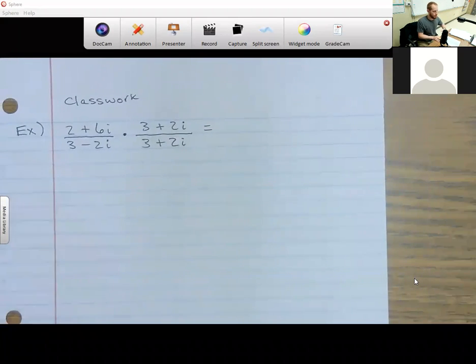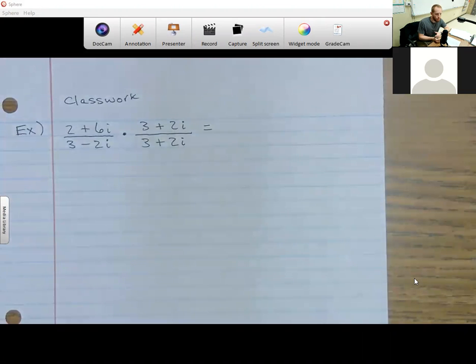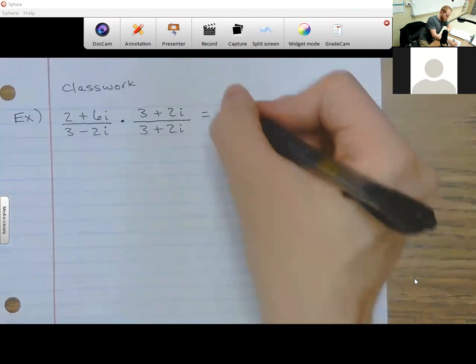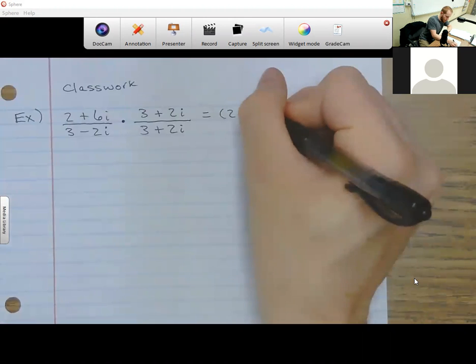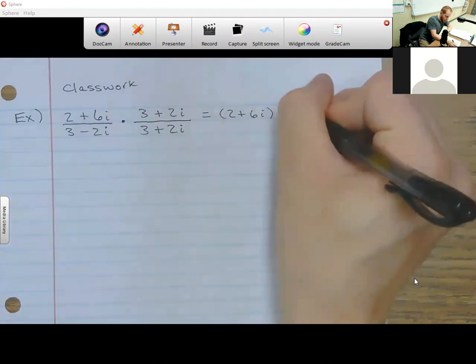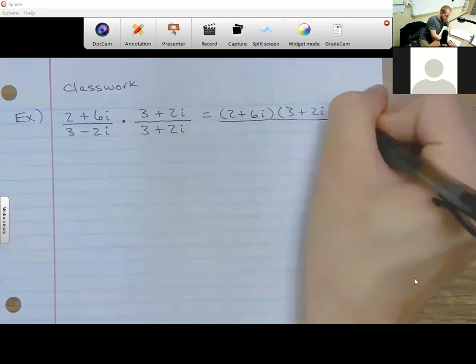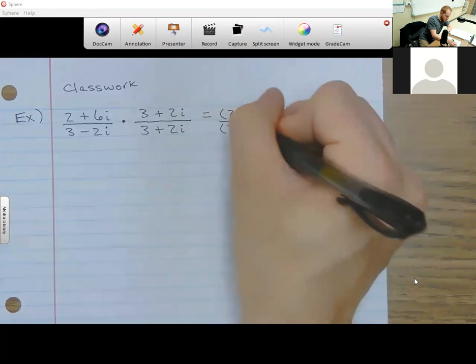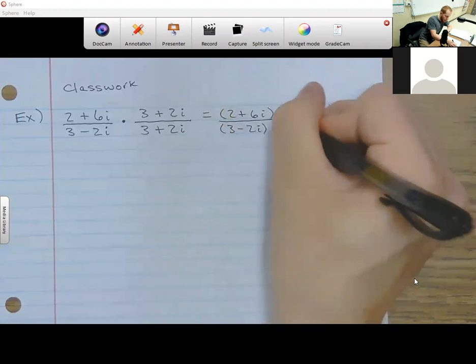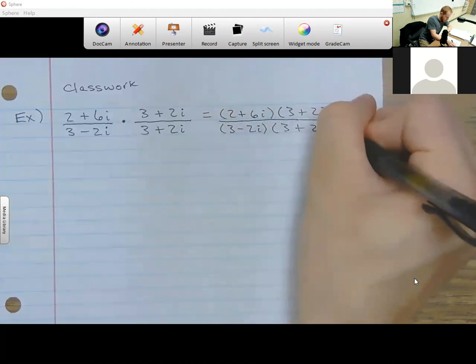So what happens with this? Well, I get two FOIL questions, right? I've got 2 plus 6i, and I've got 3 plus 2i. That's on top. But then on the bottom, I have 3 minus 2i and 3 plus 2i.